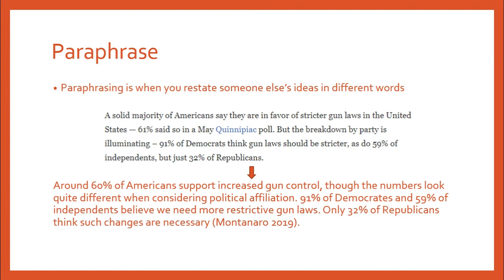Right, so here you can see the paragraph that I've written has the same ideas and information, and it follows the same sort of structure as the original paragraph. But when you read the two paragraphs, you get the exact same information and you have the same ideas. I've just put those ideas in my own words.